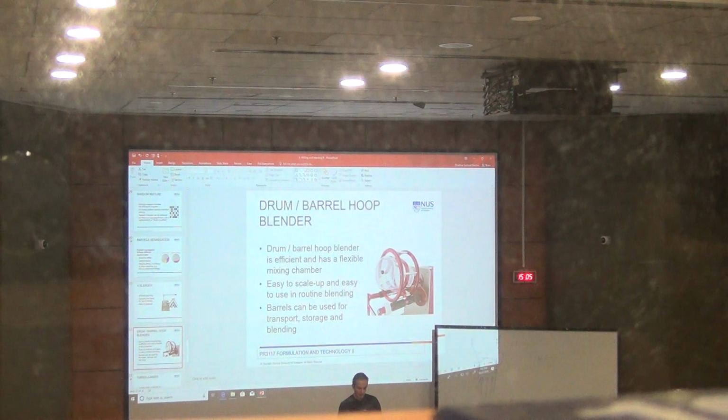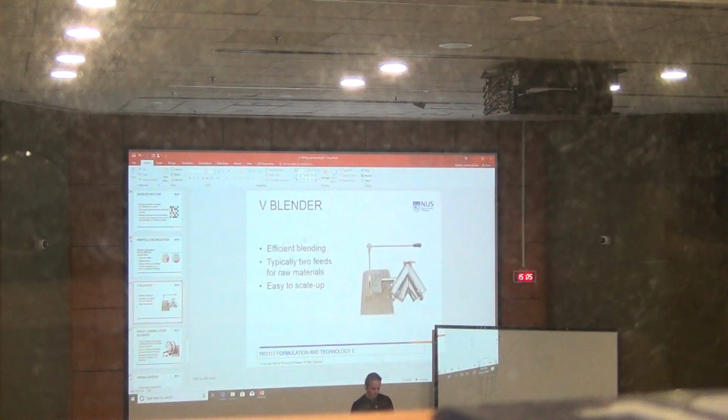This one is just rotating, and you have a barrel here. The reason is, first, you have an exchangeable blending chamber, so you do not really have any risk of contamination, and you do not have to clean much. And second, most things that come into a production site are in barrels, so why not just use that to mix things, to put them together.